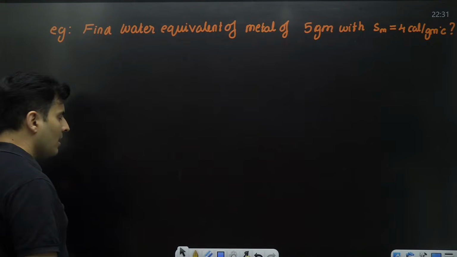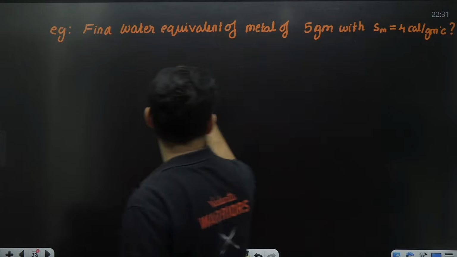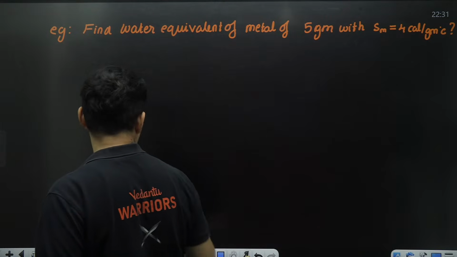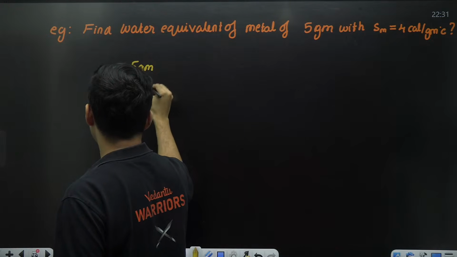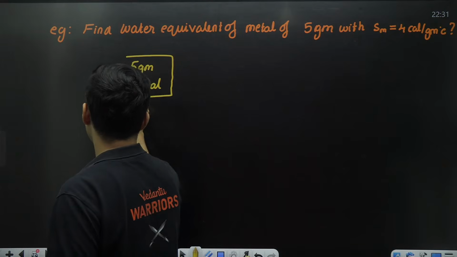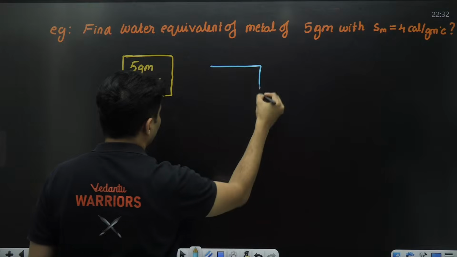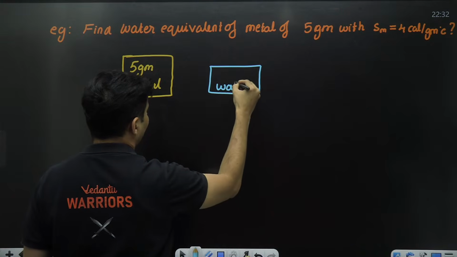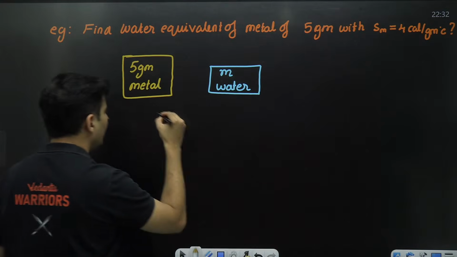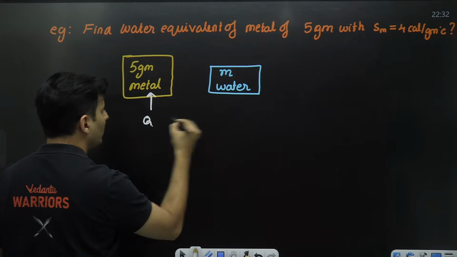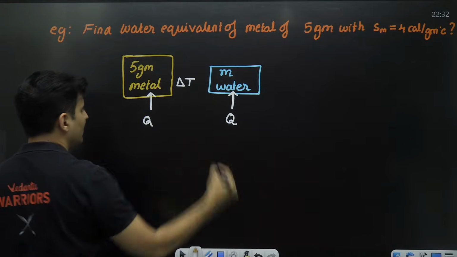Basically, imagine you take water and you take the metal. How much metal do you have? In this case, you have 5 grams of that particular metal. Now, imagine I have water on the other side. How much water? I do not know. I'm just saying M. You give both of them the same amount of heat, and there should be the same change in temperature.